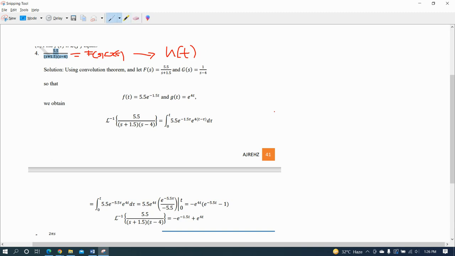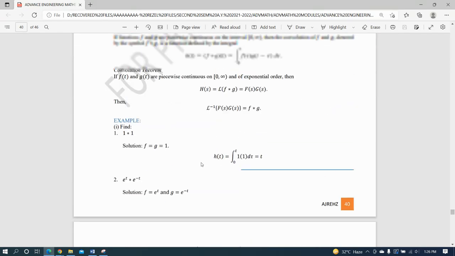Ito ay nanggaling sa integral from 0 to t of f of tau, tapos g of t minus tau d tau. T pala, not tau. Ito siya, nandito siya.